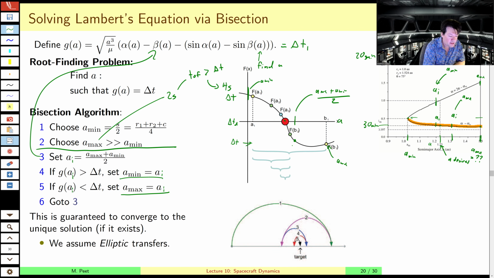And so now this point becomes your A max for the next iteration. And then you repeat. You now have an interval of possible guesses which is half as large as it was before. And so you repeat the process, you just guess a new value of A.